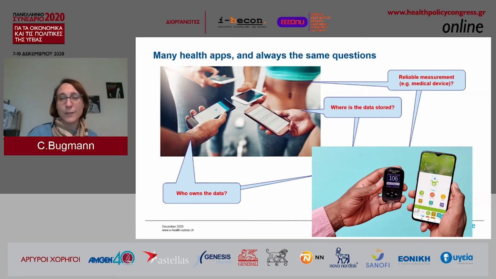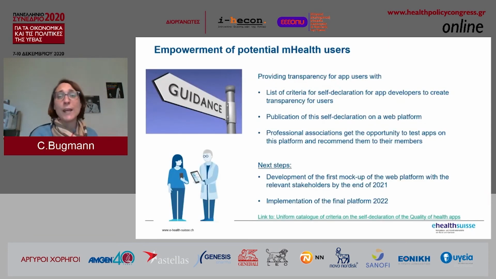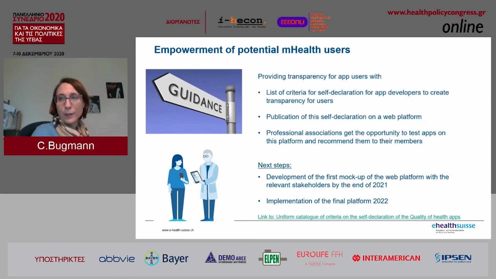So we decided here also to create a list of criteria, self-declarations that could be filled out by the app developers, so that app users have the information they need to decide if an app is good for the purpose they want to use it for or not. We focused on 9 generic criteria, with the idea that all the users of this self-declaration can find the information that they need.